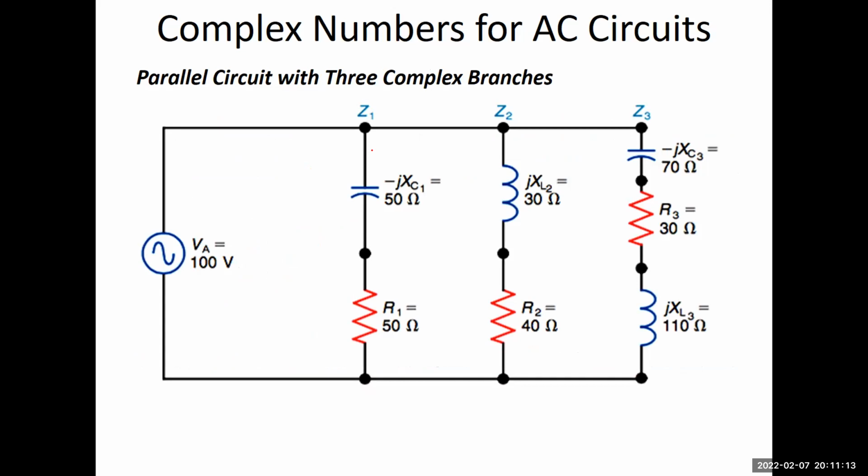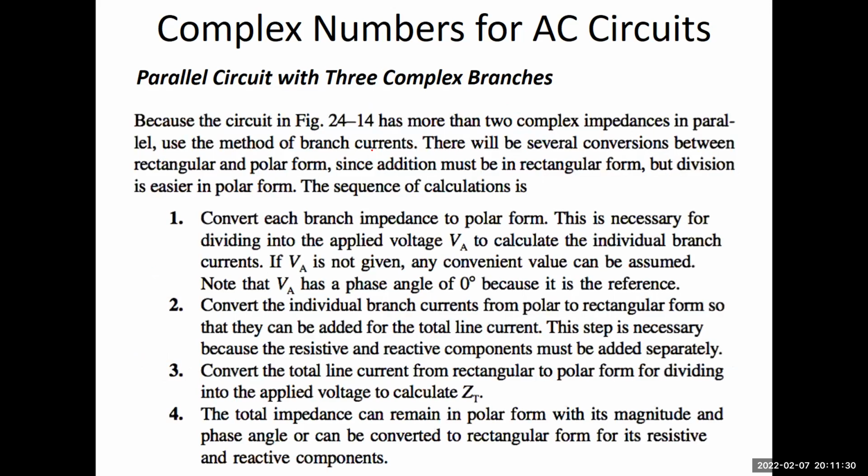Okay? So this is how to combine naman parallel circuit with three complex branches. Okay? So to do this, these are the following steps. You convert each branch impedance to polar form.